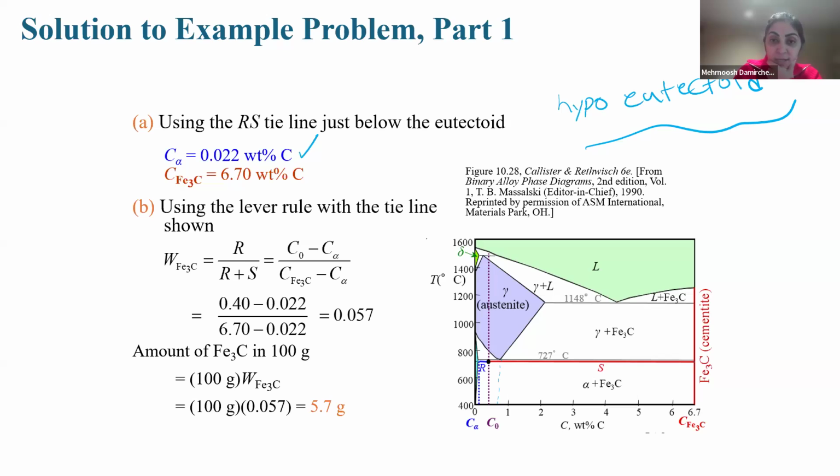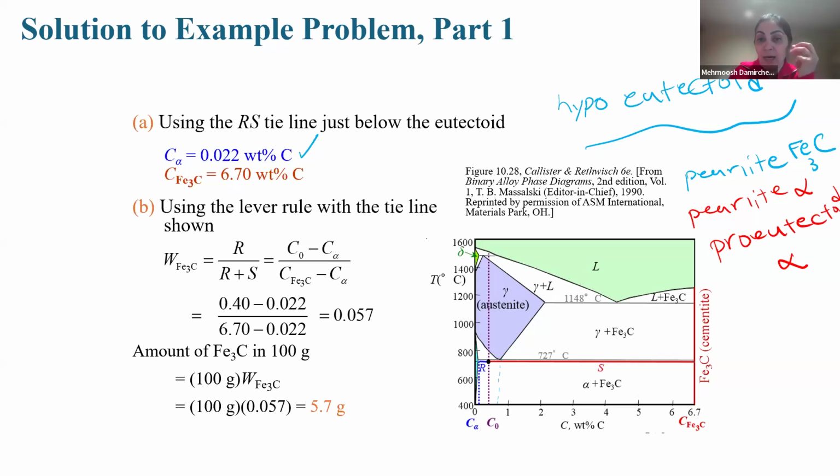First, I should say that here we have perlite cementite, perlite alpha, and another alpha that we call proeutectoid alpha.